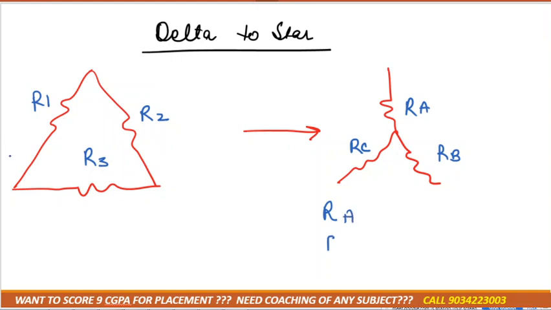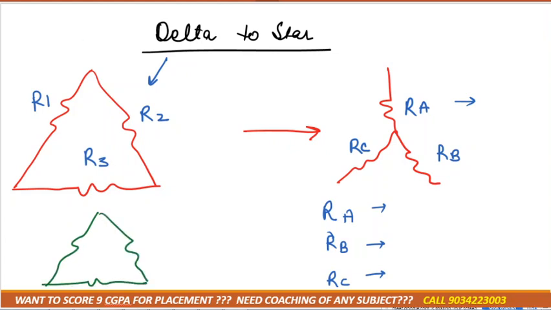Delta is already there; that's why we are converting from delta to star. Can we combine all this delta into star at a single point like this? Because it would be easy to learn the formulas in that case.